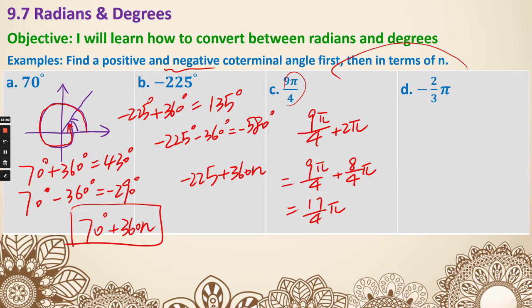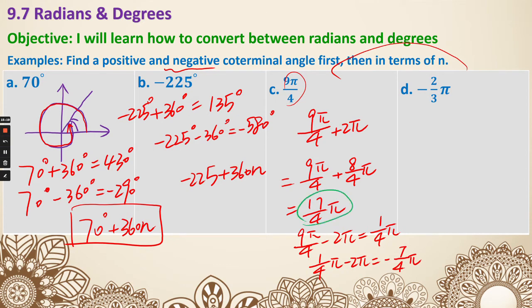Then if you subtract 2 pi, you will see that ends up being 1 over 4 pi. That's still positive, so I have to subtract another 2 pi, which gives me negative 7 over 4 pi. So these are my two answers for coterminal angles.